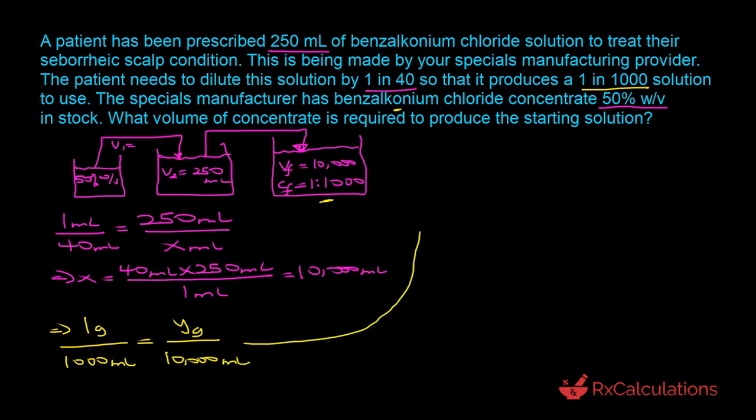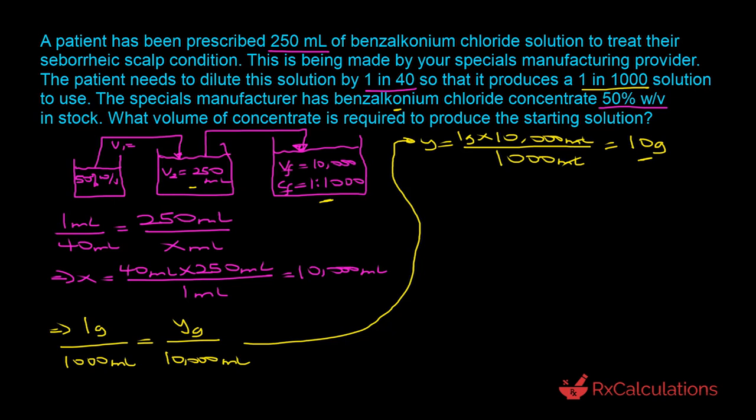You can go ahead and solve for y, which is the unknown. So y equals 1 gram times 10,000 milliliters divided by 1,000 milliliters, and that's equal to 10 grams. Now, it's important to emphasize that all of this 10 grams of benzalkonium chloride is coming from the 250 milliliter solution, which was diluted 40-fold to get 10,000 milliliters.